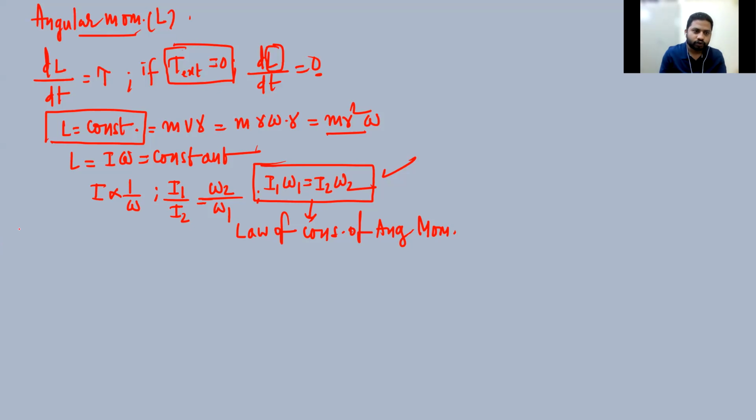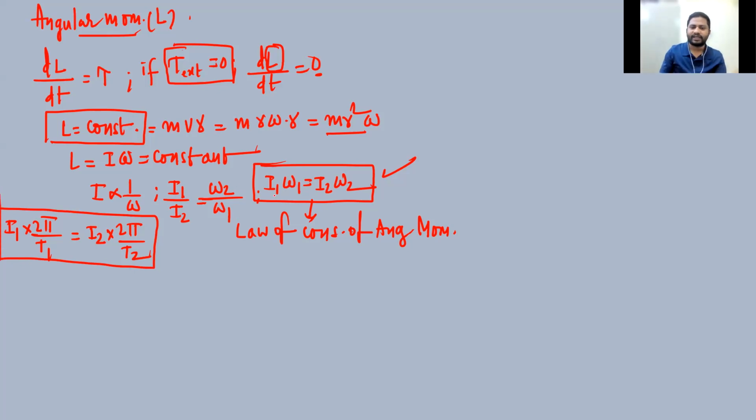And we can also write this as I1 into 2 pi by T1 is equal to I2 into 2 pi by T2. Let's solve a few applications related to this, my dear children, and see how simple those applications are.